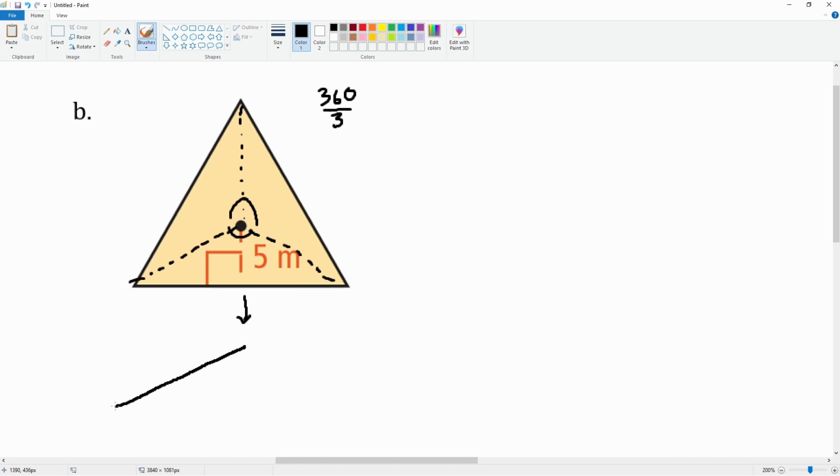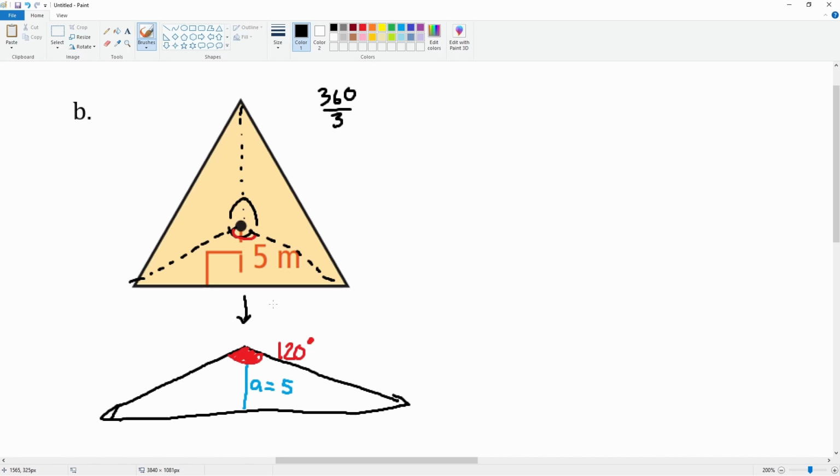This triangle, with this beautiful height, which is also the apothem, is 5. But we know this angle right here, the total of that, is 120 degrees.